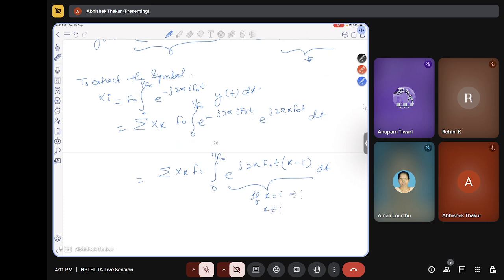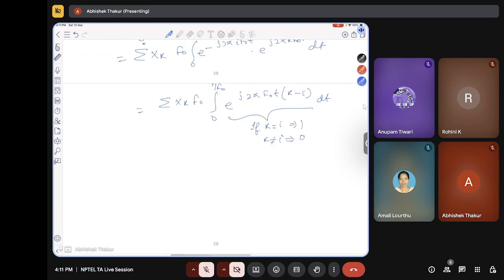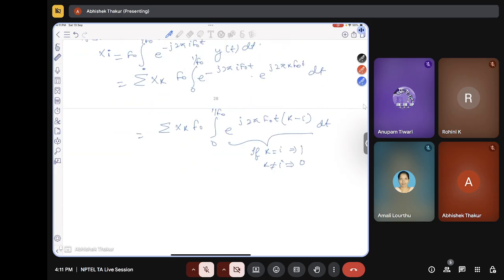If k is not equal to i, this term will be 0. So to receive the ith symbol, we have to correlate with e to the power of j 2 pi i f naught t.